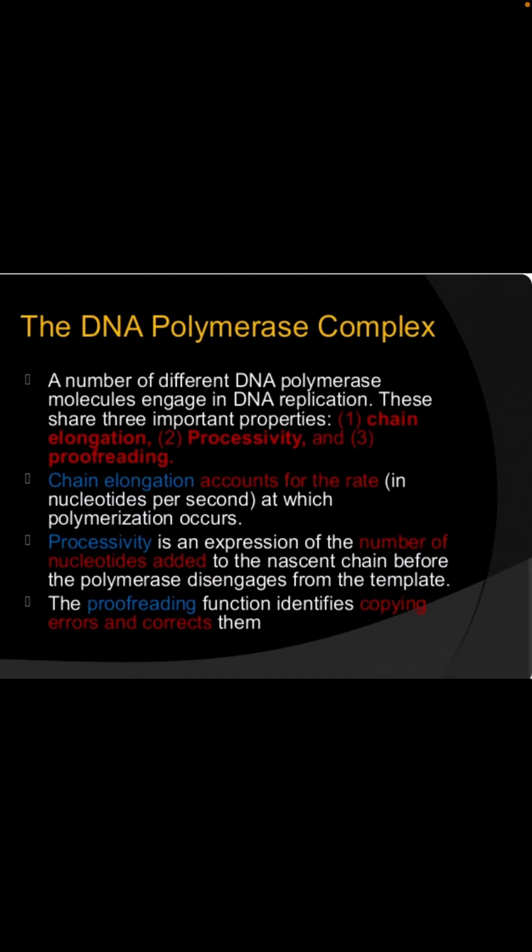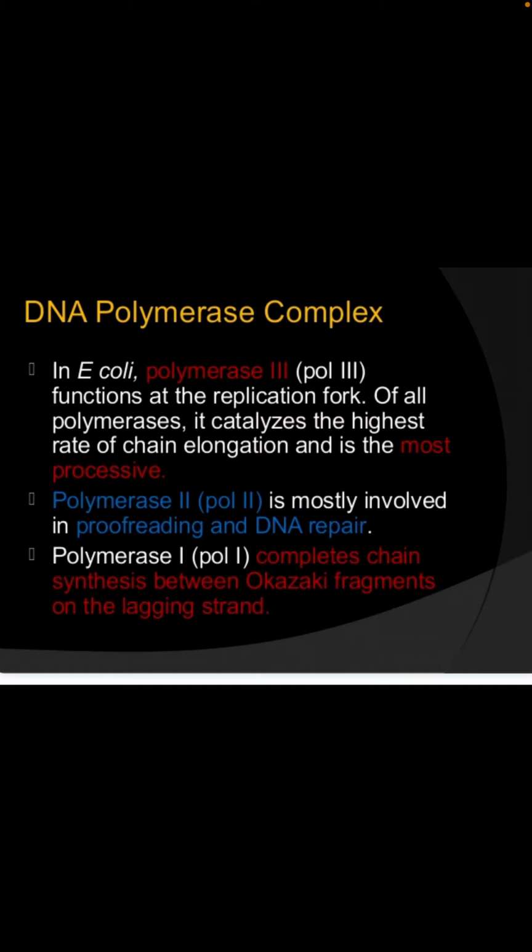In E. coli, DNA polymerase 3 functions at the replication fork of the polymerases. It catalyzes the highest rate of chain elongation and is the most processive. Polymerase 2 is mostly involved in proofreading and DNA repair, and polymerase 1 completes the Okazaki fragments and lagging strand.